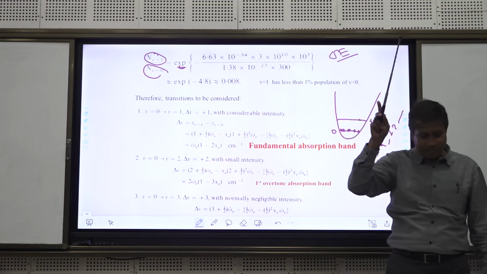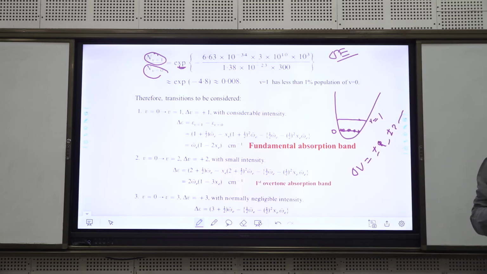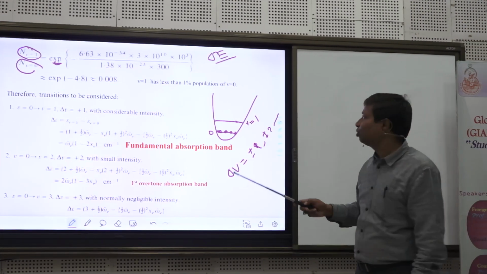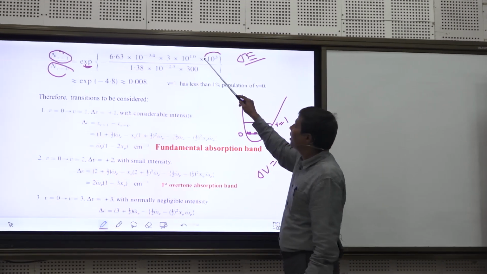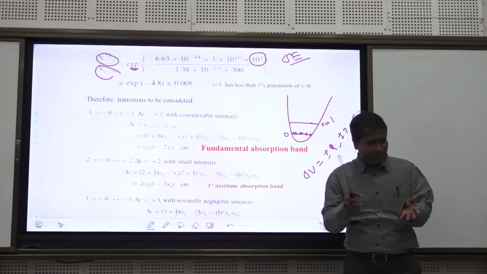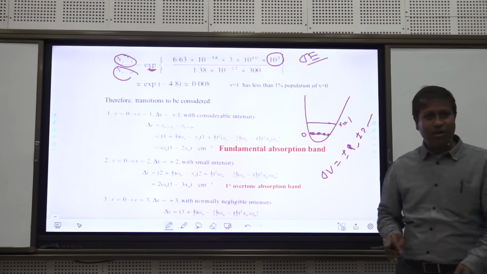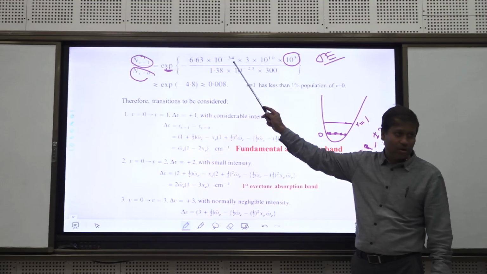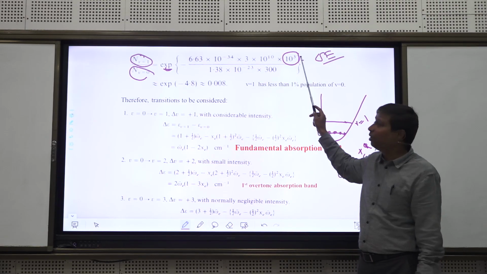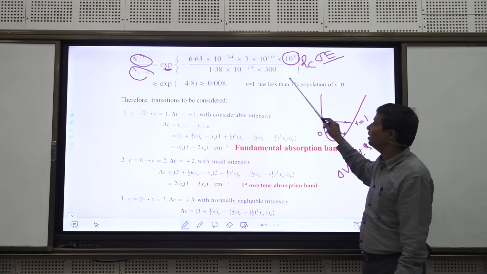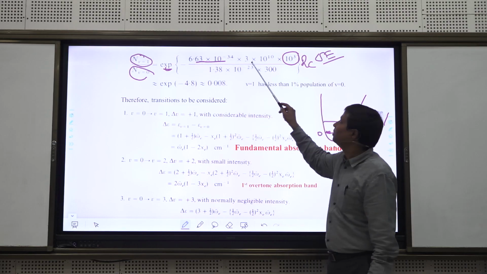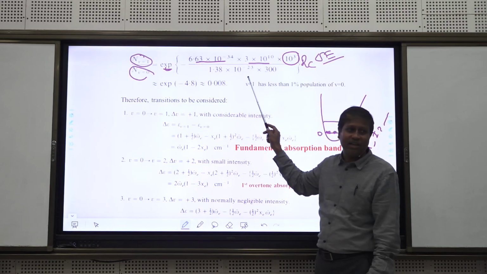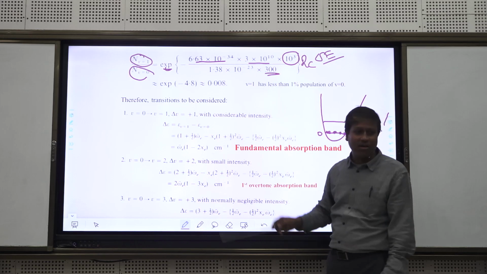If you think of the IR spectrum, it comes in 3000, 2000, 1500, 1000. So we take 1000 for general purpose. But here we have to use joules, and this is in wave number, so you have to multiply by hc. That is why so many numbers are there. And then kT, where T is room temperature.